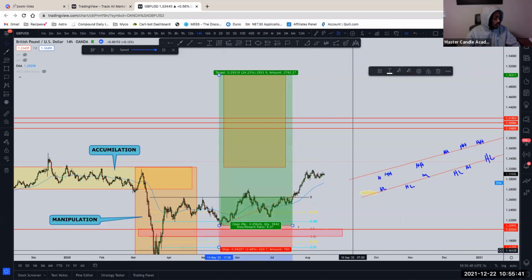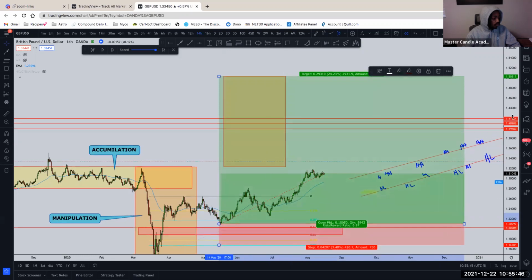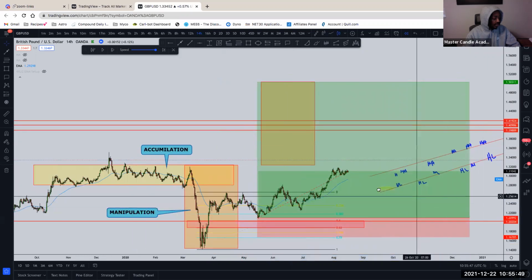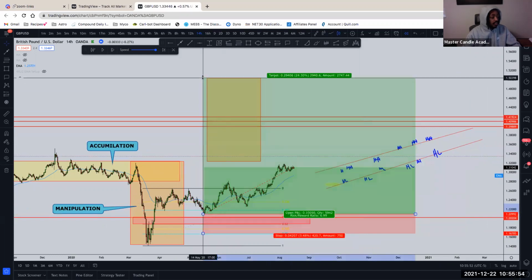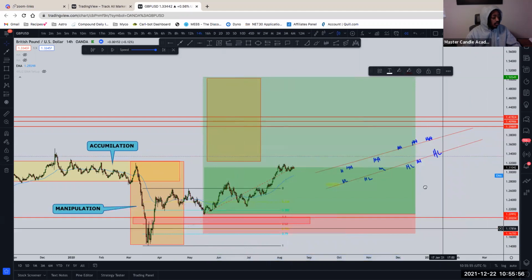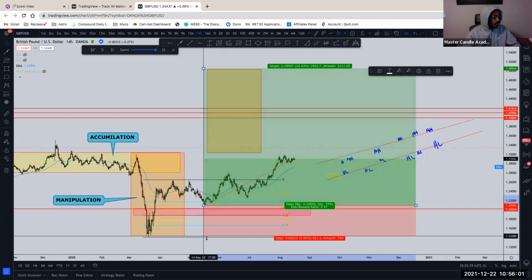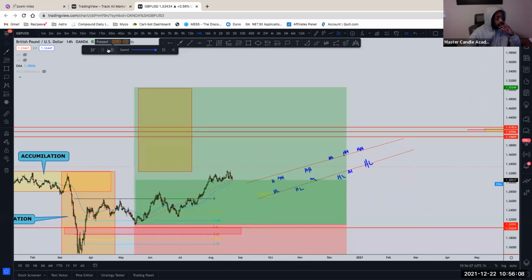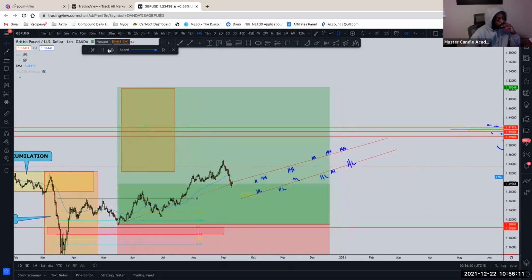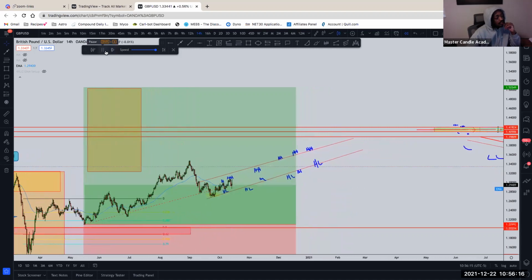We know we're about to double up. I'm pretty sure you guys know what happens after this, because this was the chart we studied yesterday. All right, now we're in the distribution phase.